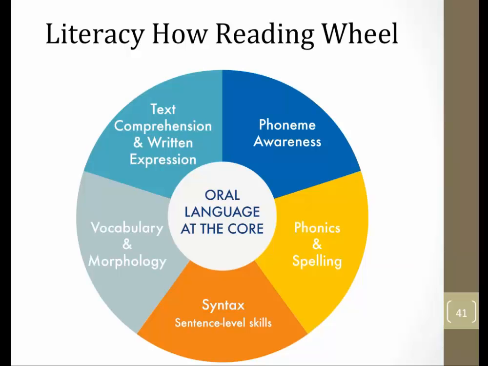And you'll notice that written expression is included with text comprehension, and I'll briefly speak about that in a bit. You'll also notice that fluency is not here, and I will also speak about why we chose to replace fluency with syntax. But for today's discussion, I'm going to primarily focus on phonemic awareness and phonics.